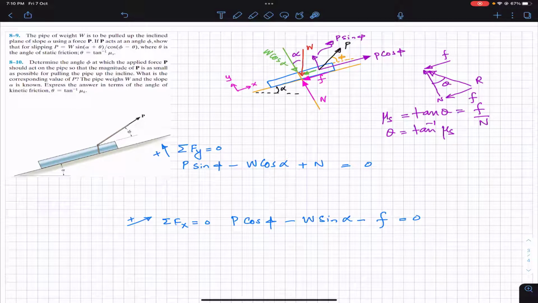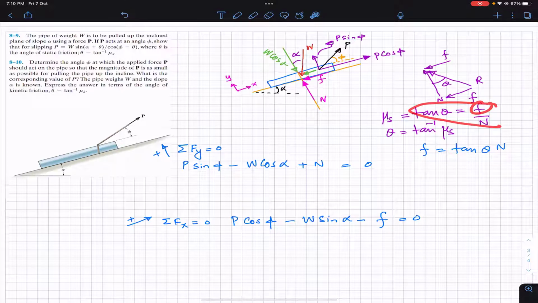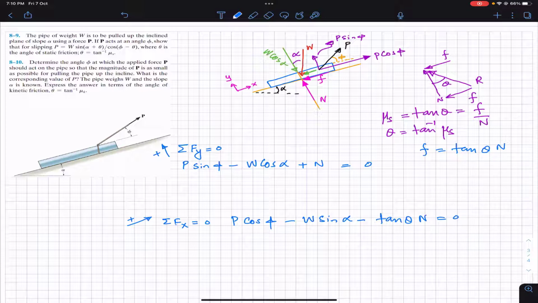From this, we can write that F is equal to tan theta N. So now we can replace this F by tan theta N.